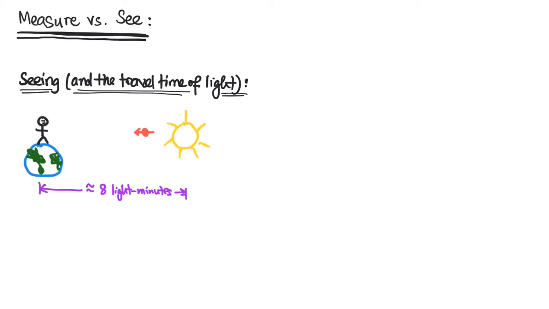So although the clock reading that we're receiving says noon, at the instant that we receive that message, the sun's clock is actually reading 8 minutes past noon, because 8 minutes have elapsed in the time it takes the light to travel from the sun to the Earth.